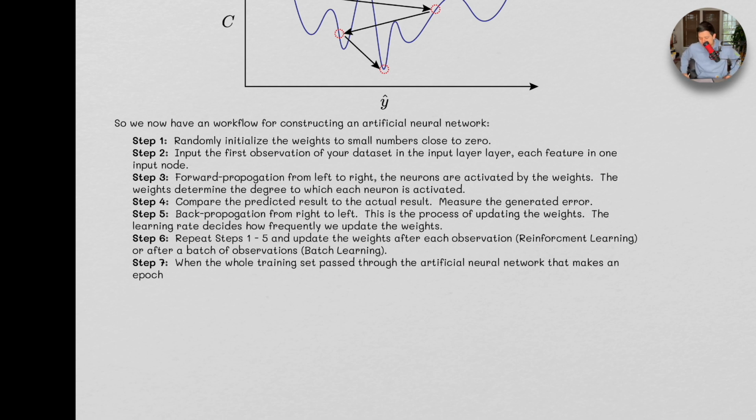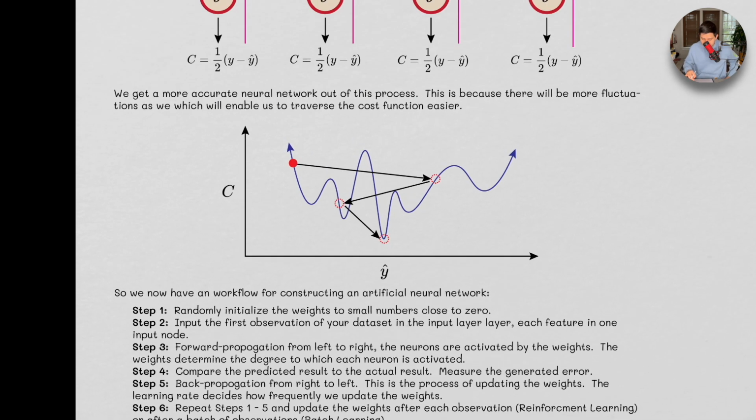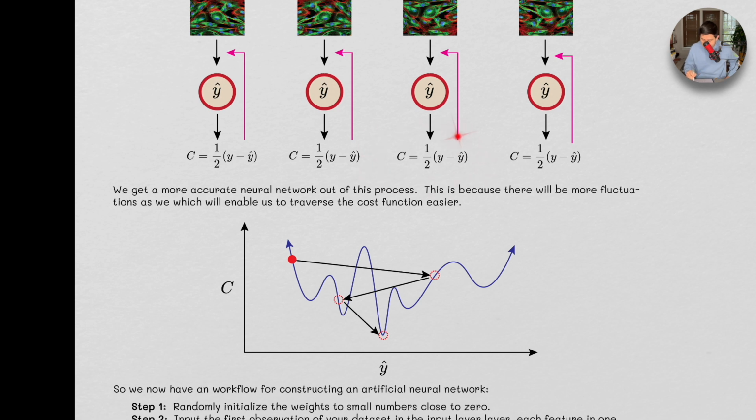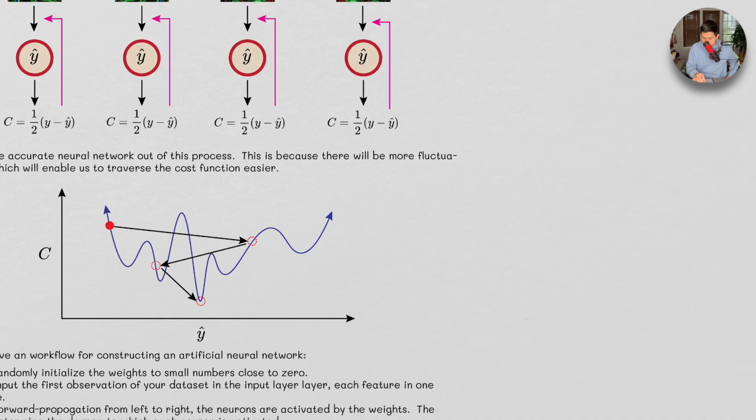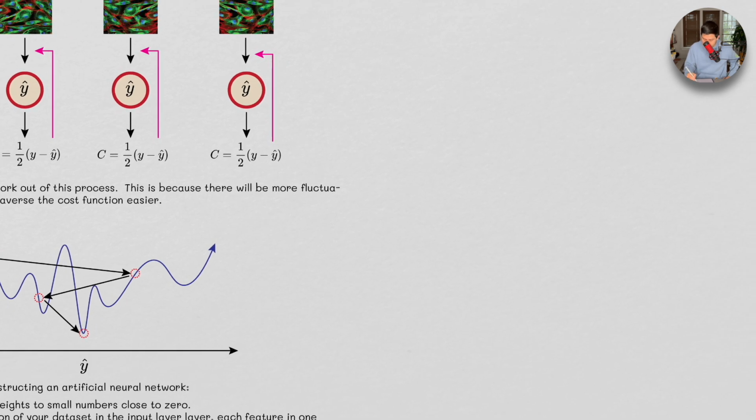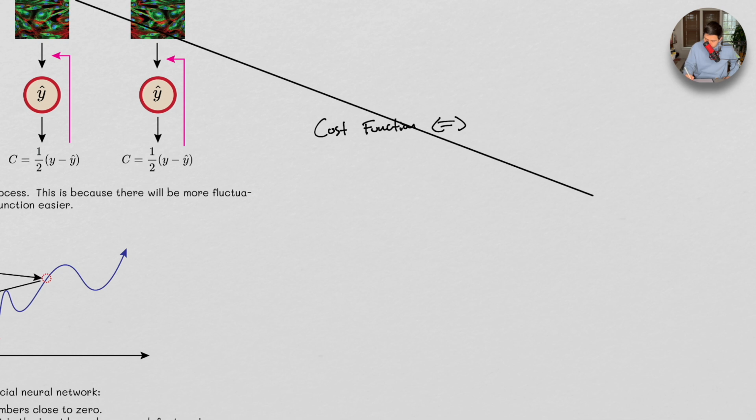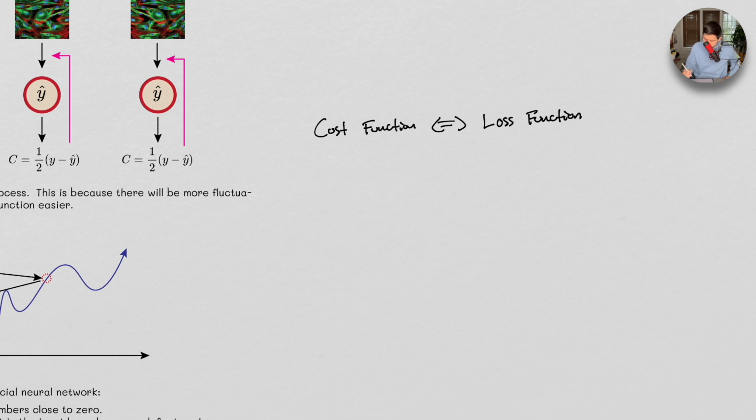So this is a rough set of rules that's going to get us started on making neural networks. What I want to do now is get a little bit more into the idea of the cost function, because this is just one cost function. There's many different types out there, and more generally, this thing can also be called the loss function. A cost function is kind of synonymous with a loss function, but there's a key difference which we'll go into in the next video.